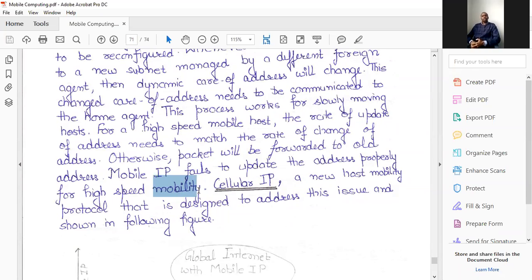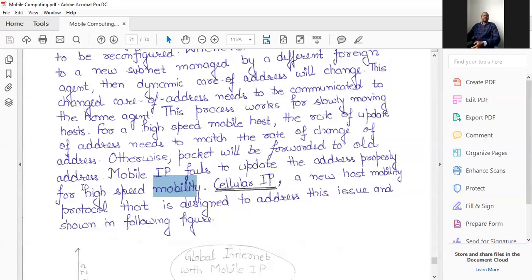So can you imagine when you are in an aeroplane, moving at a fast speed? Data roaming here is going to take a different trajectory, because you are moving from one cell or one network to another very, very fast, because you're in an aeroplane.